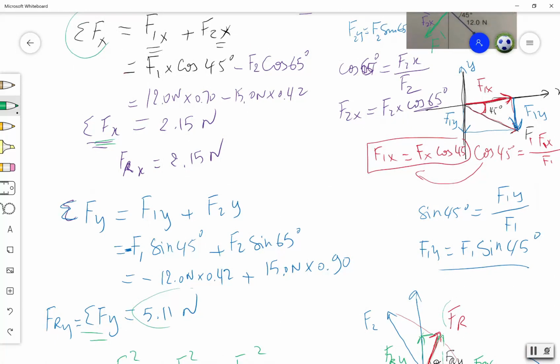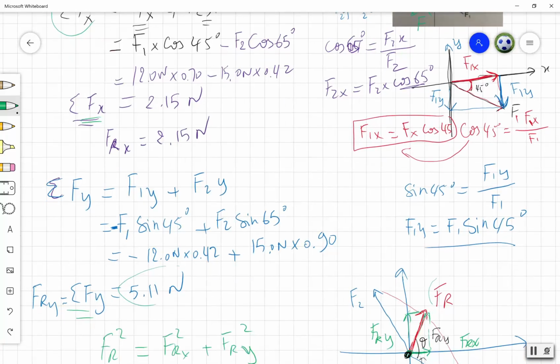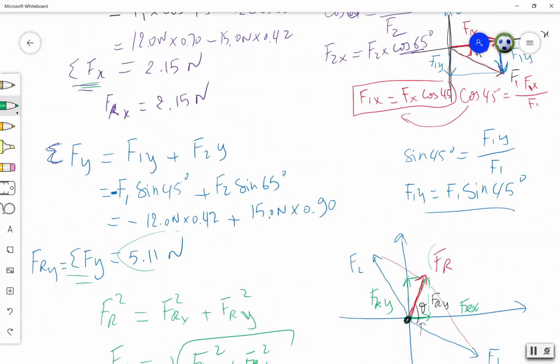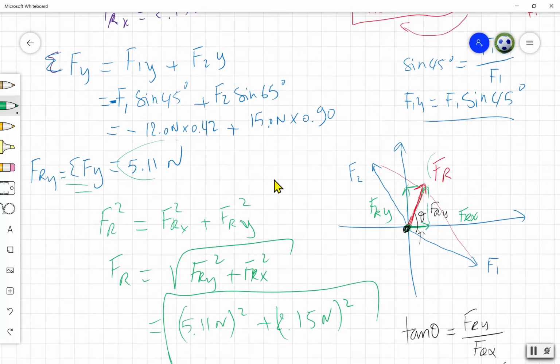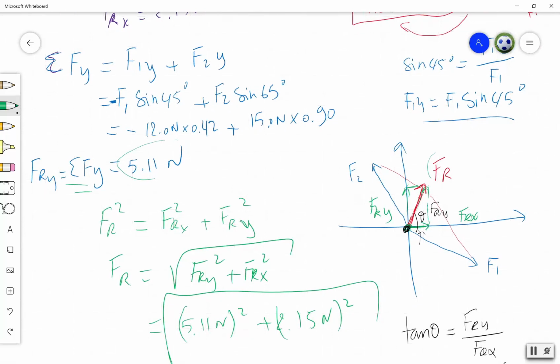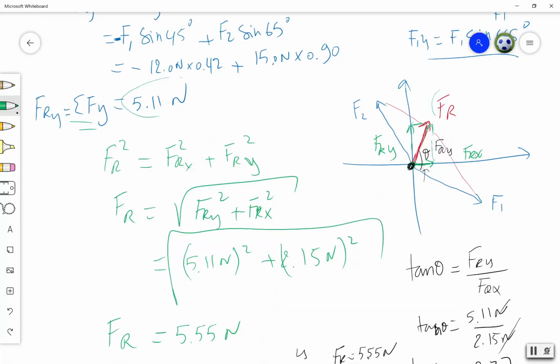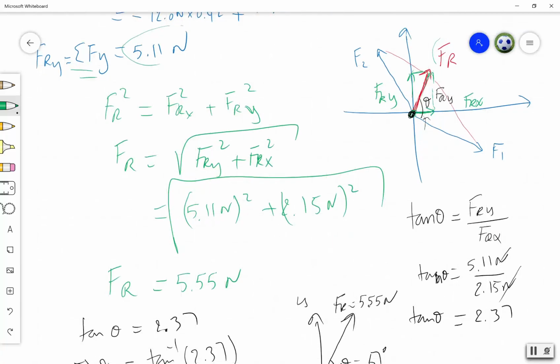Now, since we got the components of this force in the x-axis and y-axis, we used the Pythagorean theorem to calculate the hypotenuse, because the components are the sides of this right triangle. So we got the resultant force.